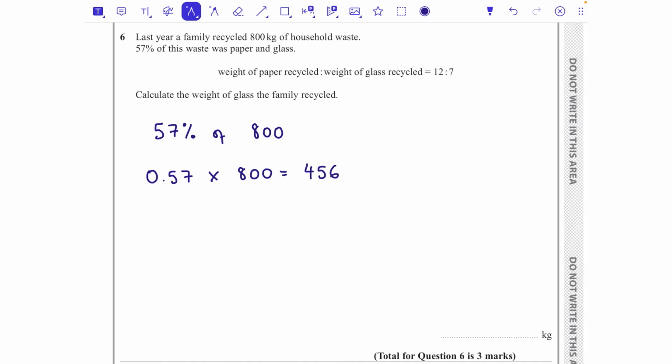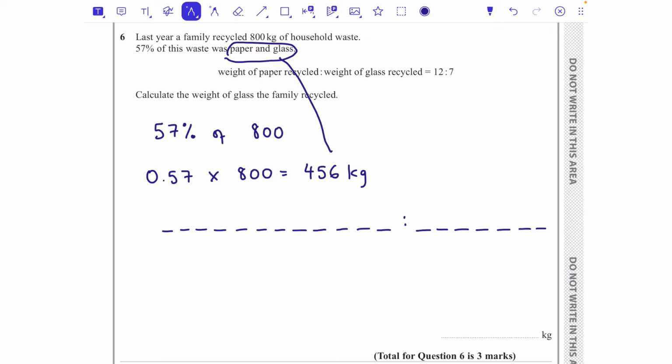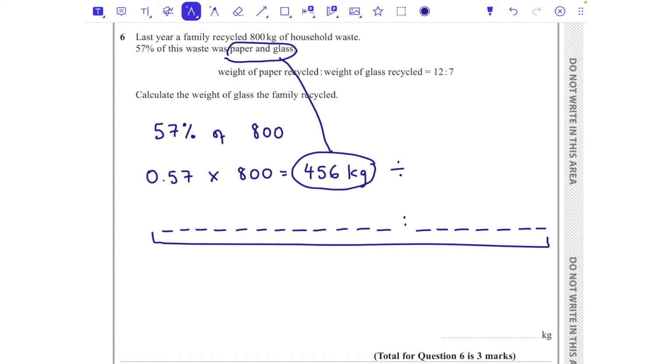Now we've got to take that 456 kilograms, that is paper and glass. So now I want to share it in the ratio 12:7. So 1, 2, 3, 4, 5, 6, 7, 8, 9, 10, 11, 12. 1, 2, 3, 4, 5, 6, 7. All together, I'm going to take that 456 and divide it. How many piles have I got there all together? It's 19. So 12 add 7, I've got 19 little piles.